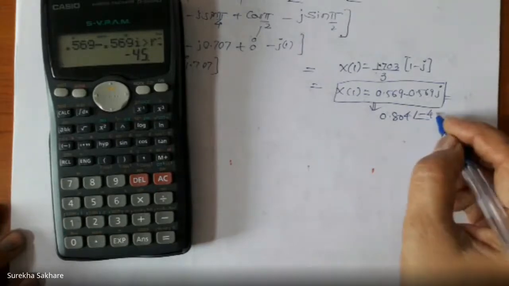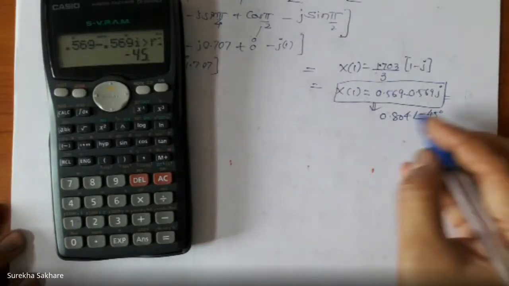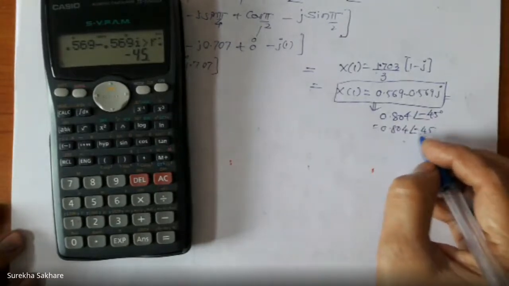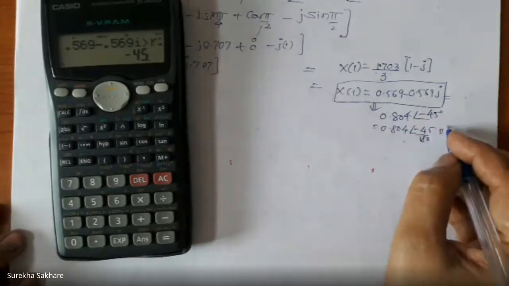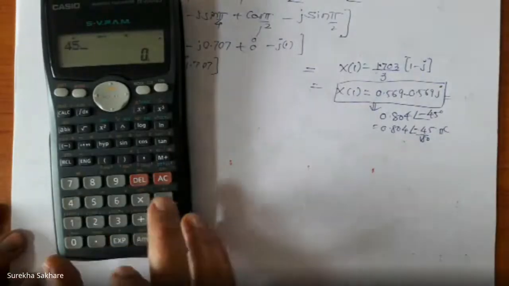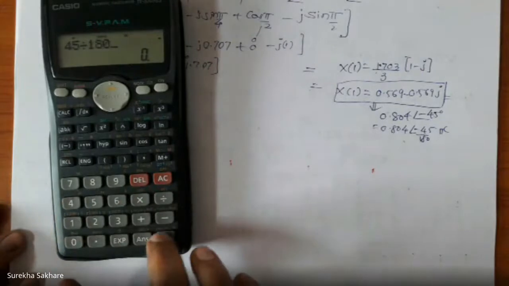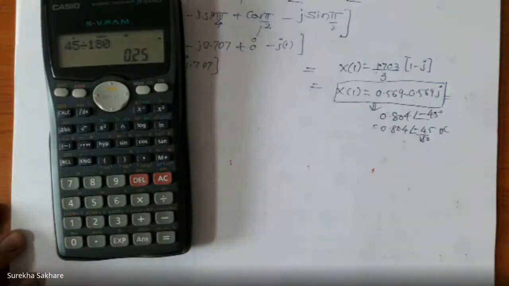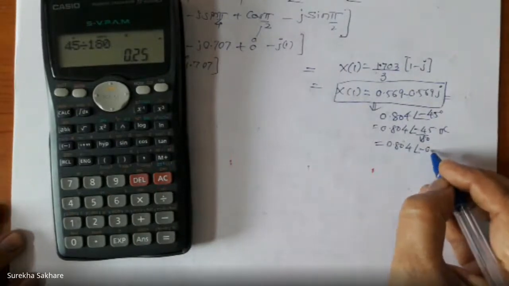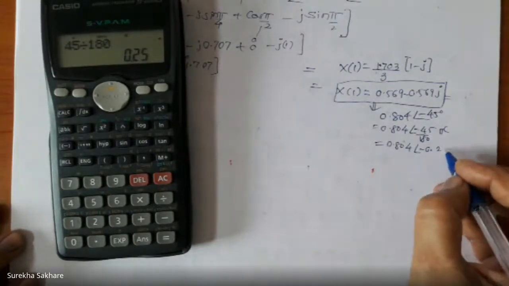If you want to convert this to radians, simply divide by 180 degrees and multiply by pi. 45 divided by 180 is 0.25. So 0.804 angle minus 0.25 pi radians.